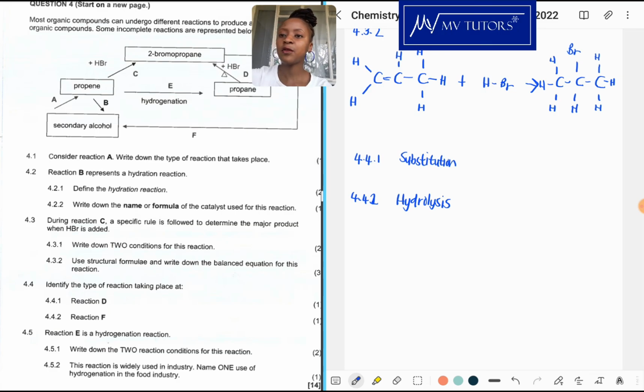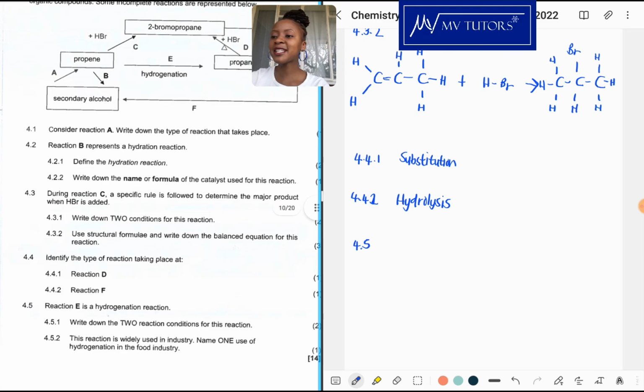Okay, and then 4.5, we're almost there. It says reaction E is a hydrogenation reaction because you're adding hydrogen, right? Now it says, write down the two reaction conditions for this reaction. So in this case, again, no water required. That's one of the reaction conditions. And another one, let me see. Oh yeah, we did put it.